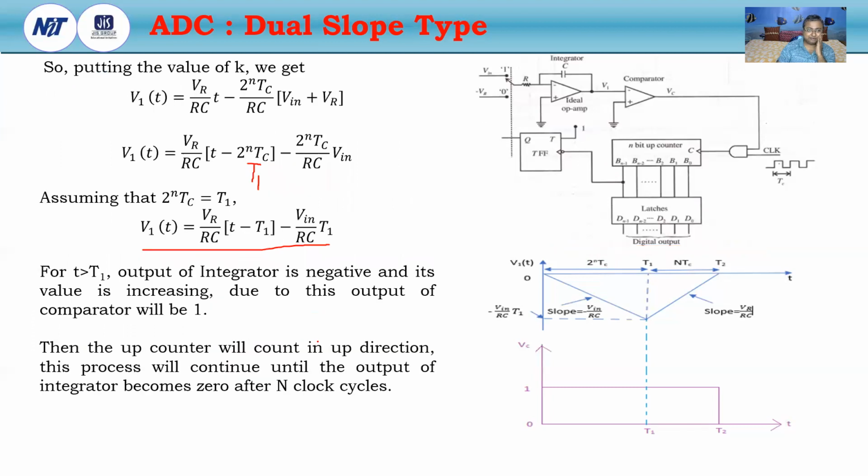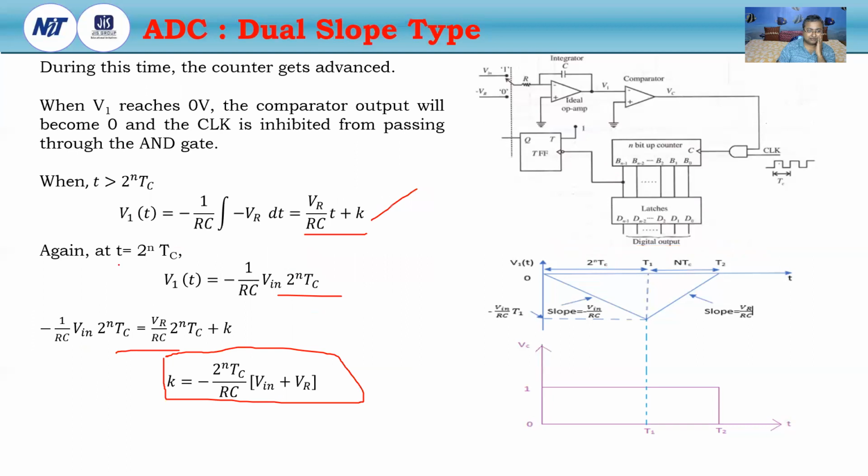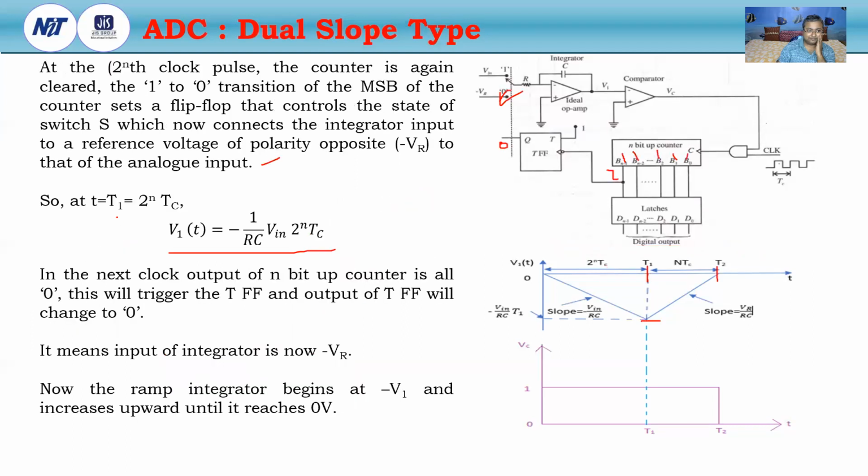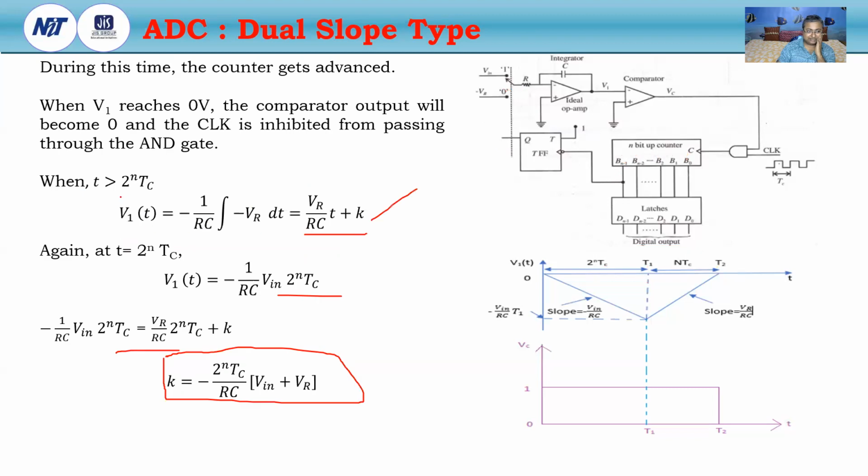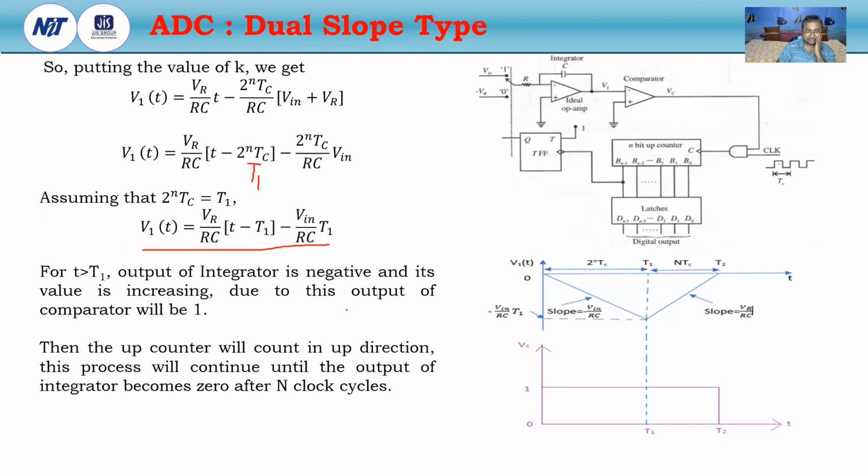At the time of T1, that is 2 to the power of N TC, we will get V1 like this. And when it is greater than 2 to the power of N TC, or greater than T2, we will get V1 like this. The value of R is calculated by this expression, and we will get the final value like this.